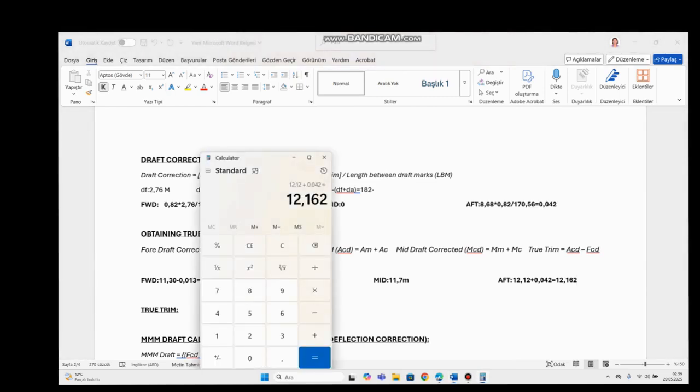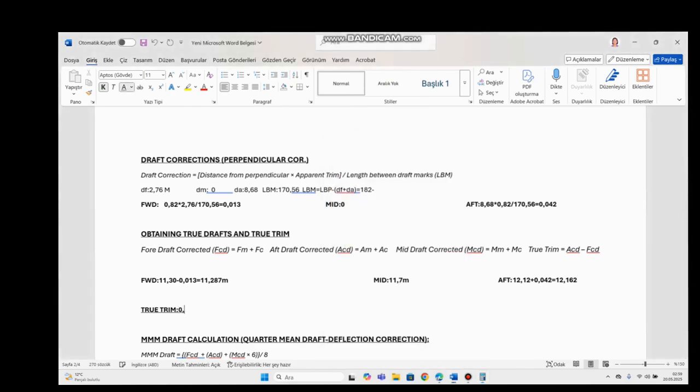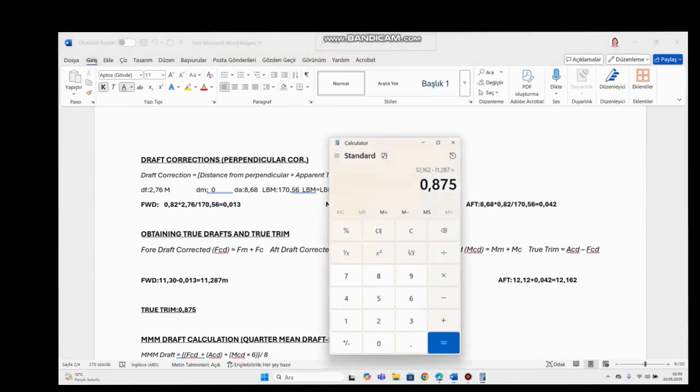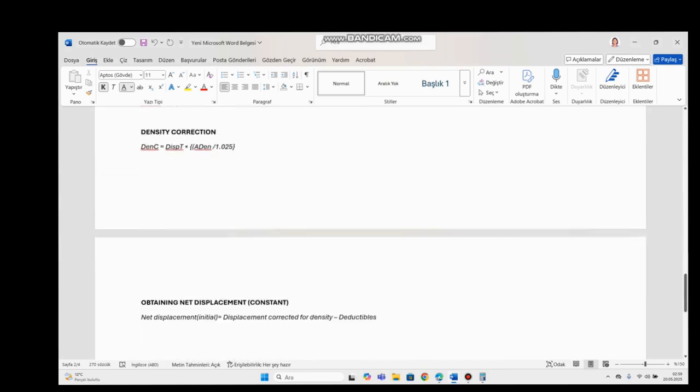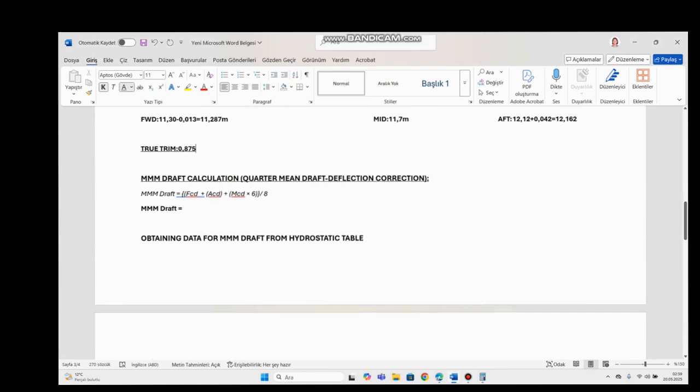It is 12.162 minus 11.287, equal 0.875. Yes, correct. It's our true trim, and we will go to next step.